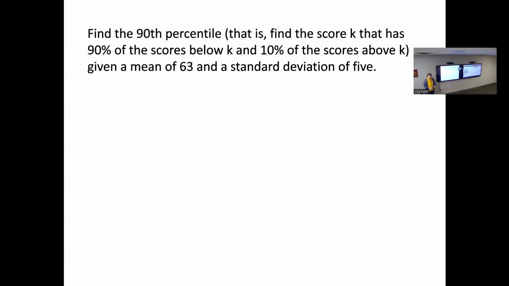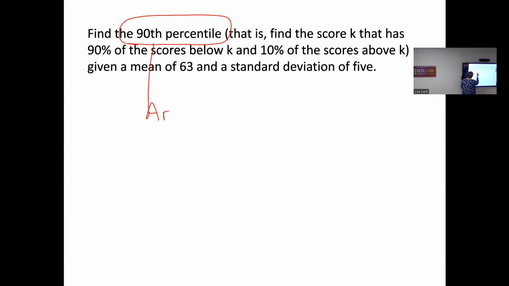Find the 90th percentile. Ooh, now what? Find the 90th percentile. That is, find the score K that has 90% of the scores below K and 10% of the scores above K with a mean of 63 and a standard deviation of 5. So when they give you the percentile, that is the area.